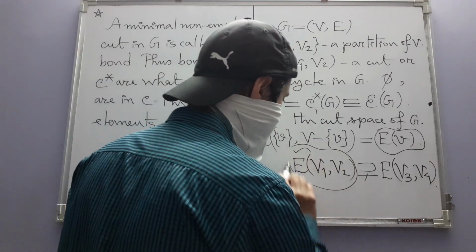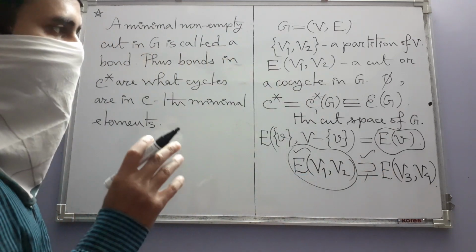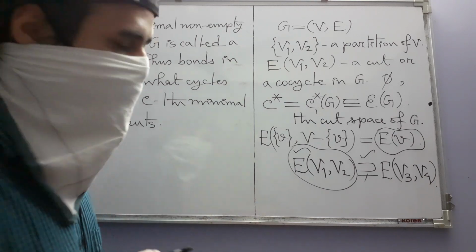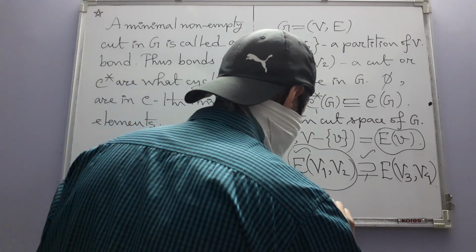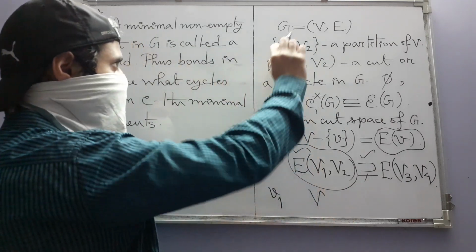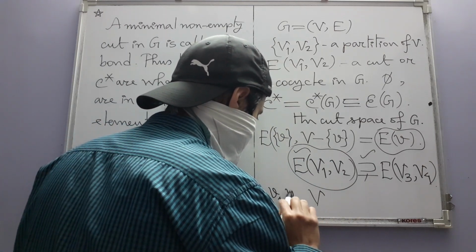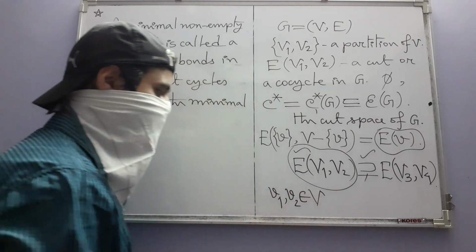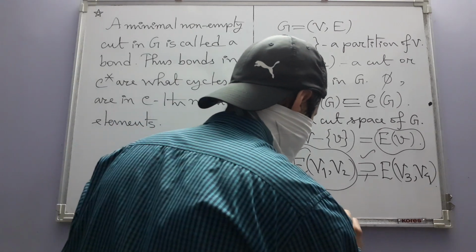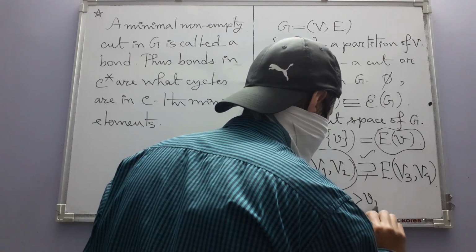So, minimality with respect to the containment relation. In an ordinary vector space, say you are given any vector space, do not confuse this V with this V, okay? This is just some vector space. Say you take two vectors V1 and V2, you cannot just simply say that V1 is greater than V2.